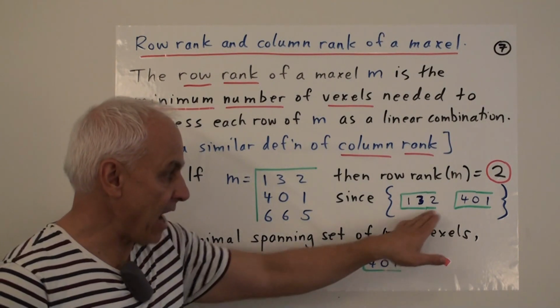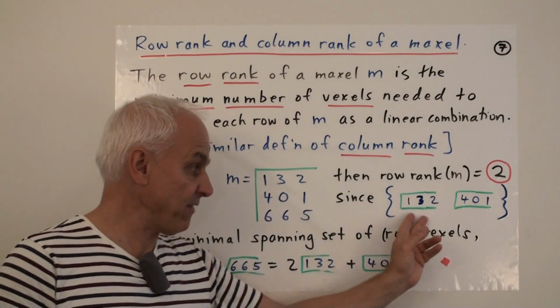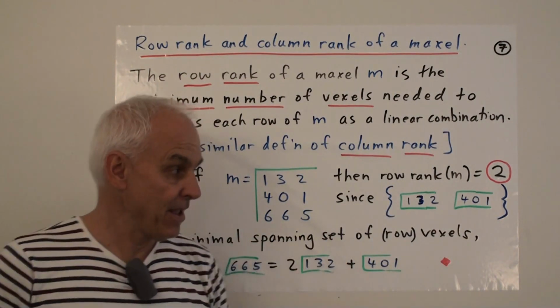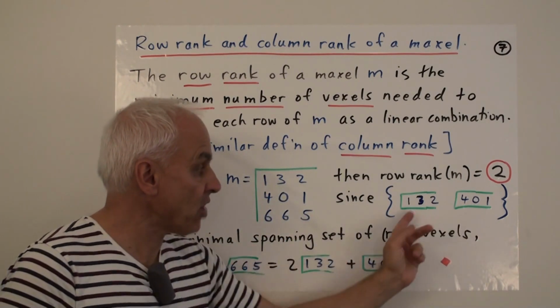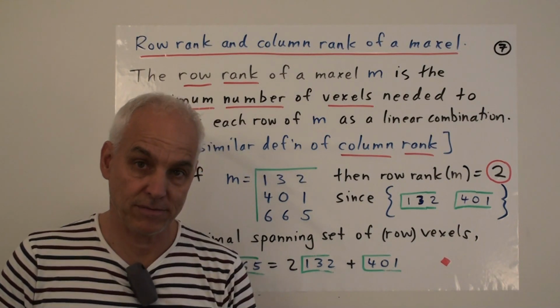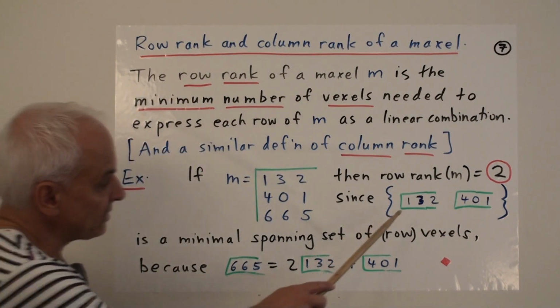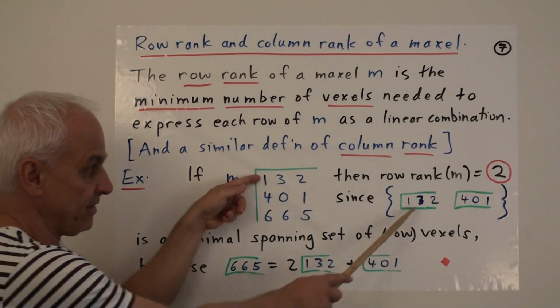I don't have to take actually rows of the maxil itself. I'm free to take any vexels that I like. But I do require that every row of the maxil is some linear combination of the vexels that I've chosen. So why does this work? Well, because this first row is obviously a linear combination, it's that one.